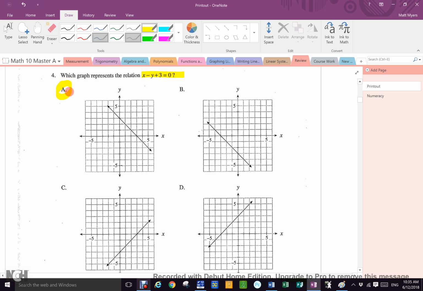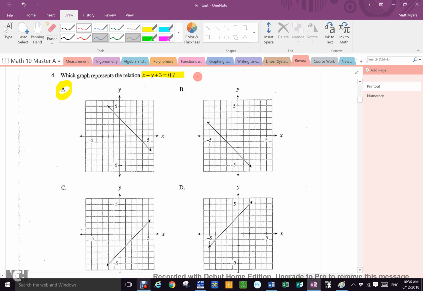Okay, so we have a guess of A. What did you do to come to that guess? If you get x by itself, you want x by itself or y by itself?